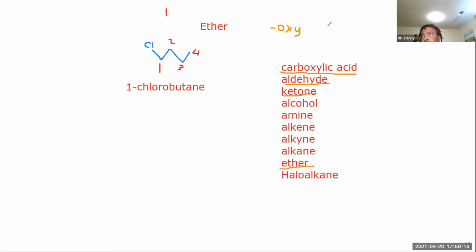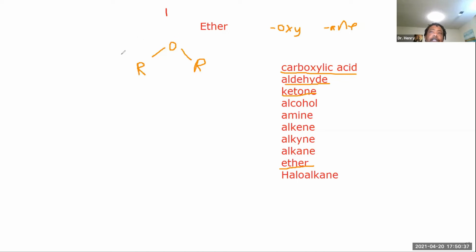And then typically it has an ane at the end. The functional group for ethers, I'm going to go ahead and erase this now. In the ether, R represents hydrocarbons. So an ether basically has hydrocarbon on one side, hydrocarbon on the other side, and an oxygen in the middle.